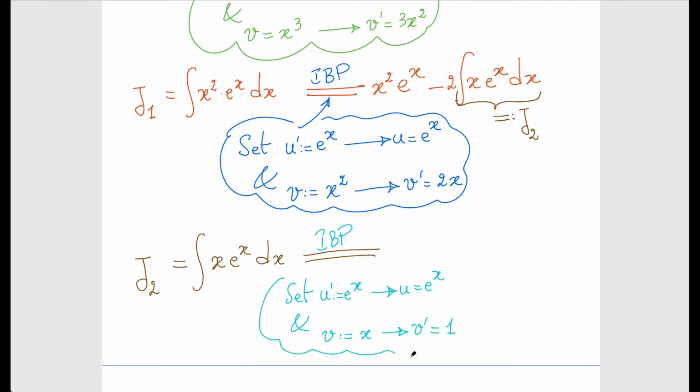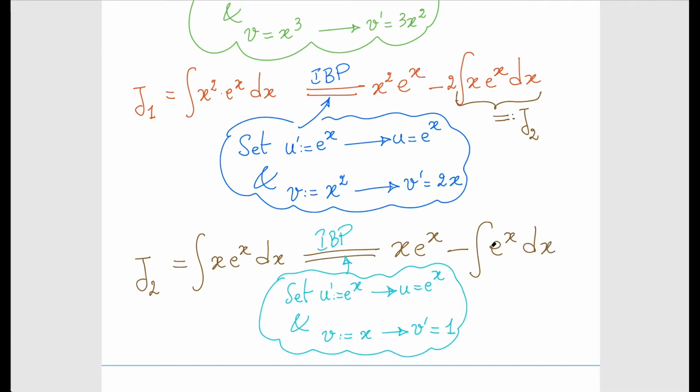This would be my package this time, and I obtain u times v, which is x e^x, minus the primitive of u v prime, so 1 times e^x, so e^x dx.